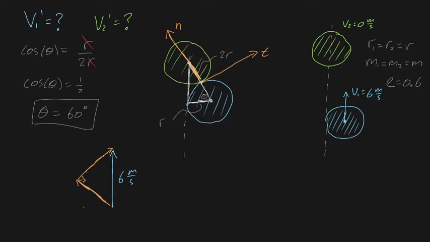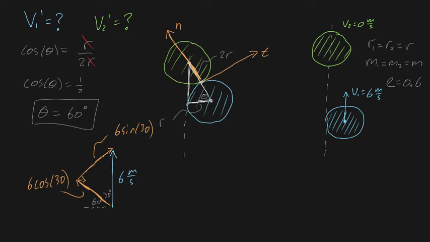We know that this angle here is 60 degrees, which means this angle here is 30 degrees, meaning that we can quantify the lengths of these vectors. This is going to be 6 sine 30, and this is going to be 6 cosine 30.